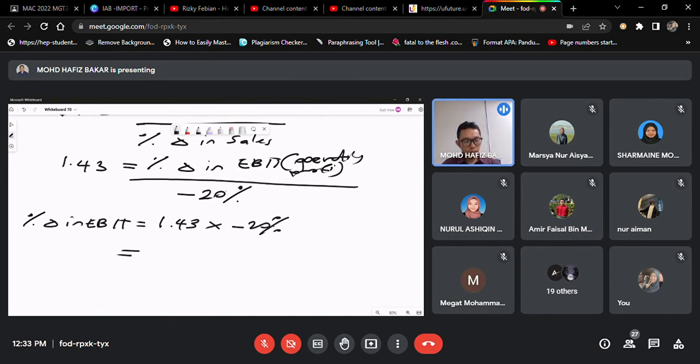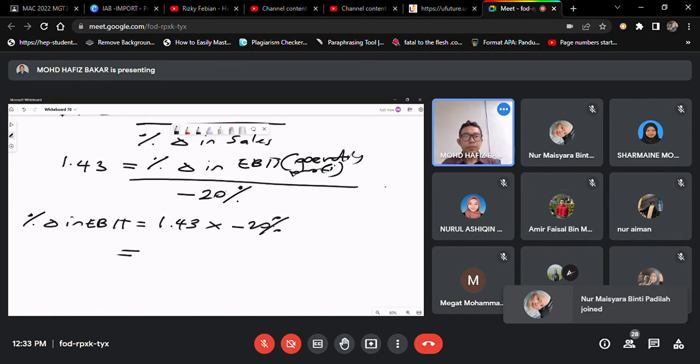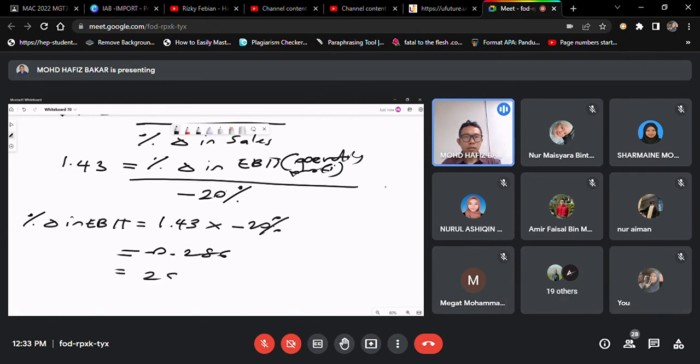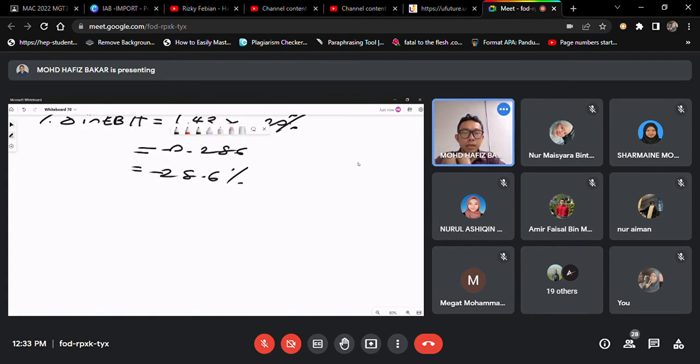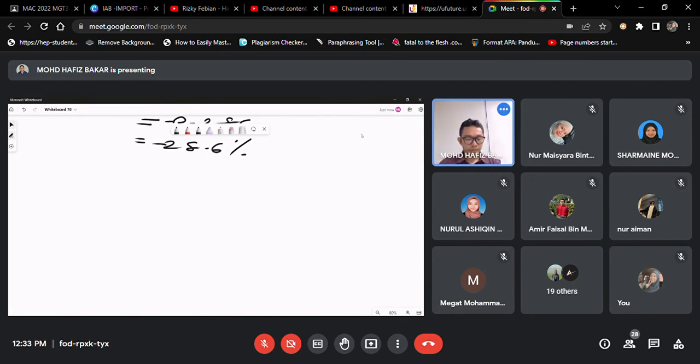So 1.43 times 0.2 negative equivalent to 0.286 negative or 28.6% negative. Okay, so this is percentage changes in EBIT. Okay, so next, dia decrease, dia punya percentage changes is decrease.